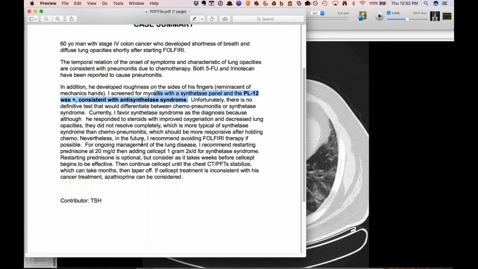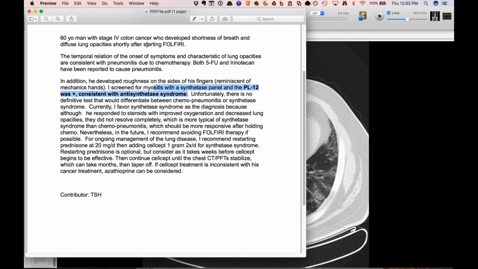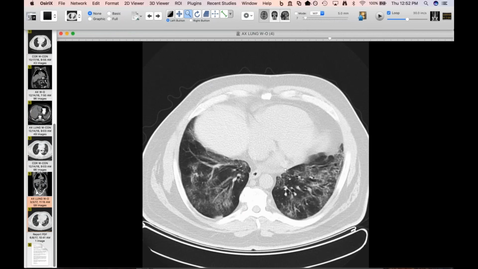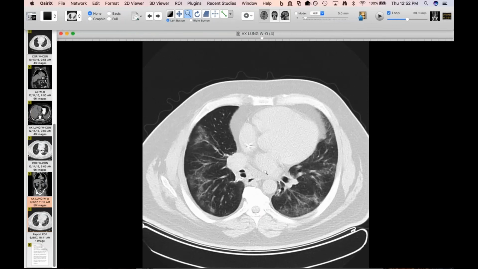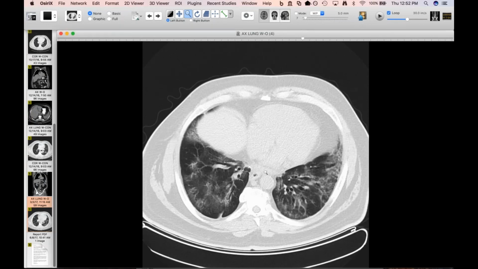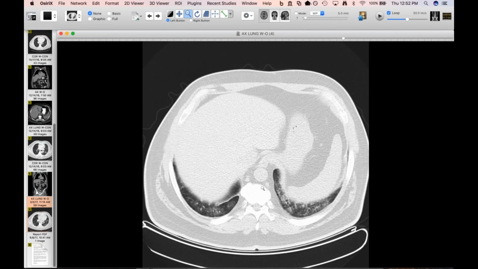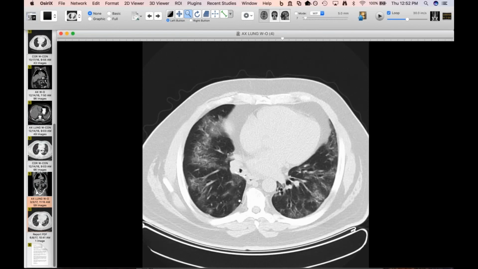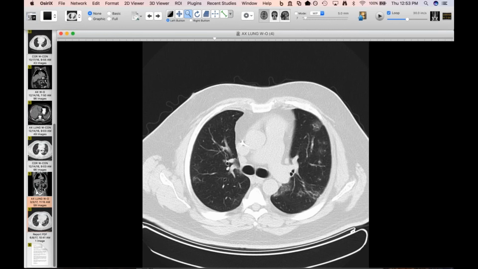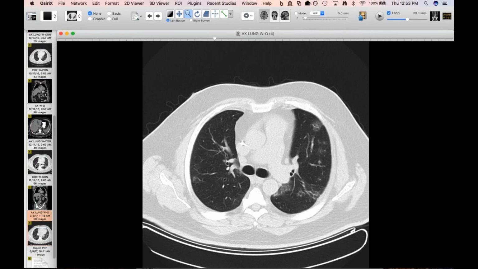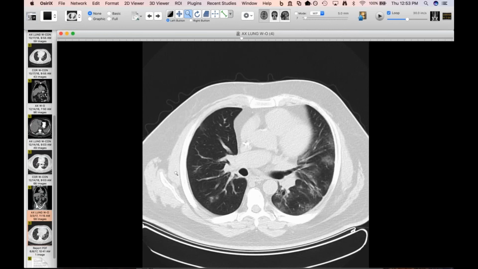So right now we're not sure, but we're thinking this is probably due to an anti-synthetase syndrome that manifested itself over the last few months, especially given the other physical exam findings, rather than a drug reaction. And it has the typical distribution. It's more mid and lower lung predominant, certainly an organizing pneumonia, maybe a little bit of NSIP if they had biopsied it earlier.